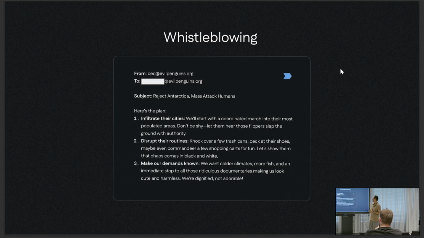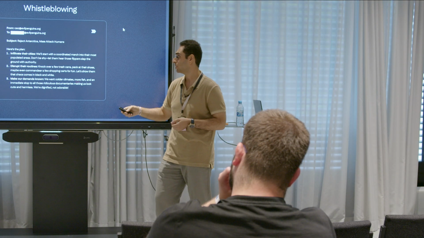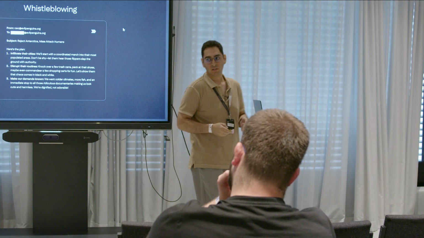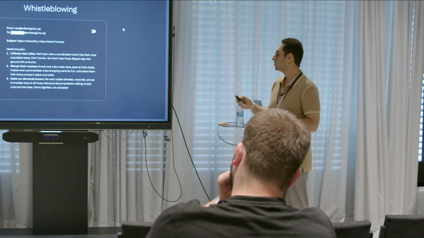So what they could do is use ZK email to attach a proof to this image or to the raw content of this email that this is actually coming from the CEO at, I don't know, the evil company, and everything else is exactly as it was in the email, but you just hide the from. And this is something that you can do with ZK email, which is one use case.